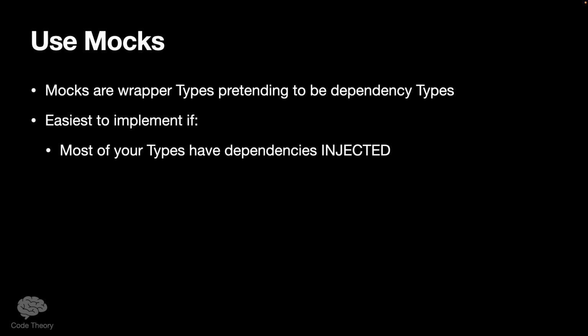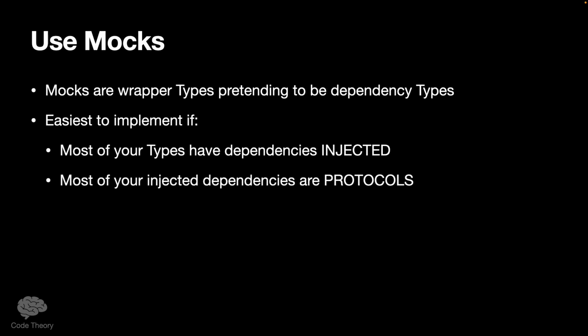The idea is that you never instantiate your dependencies. They get injected into the type. The other thing that helps make this easy to implement is if the injected dependency is a protocol instead of an actual concrete type. So URL session, for example, is not a protocol. It is in fact a concrete type.